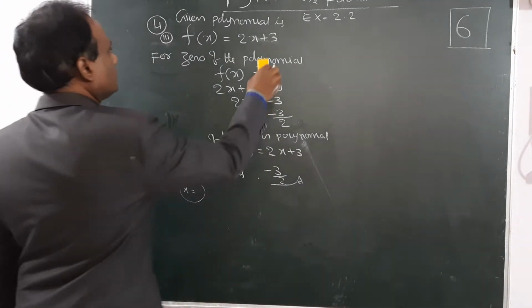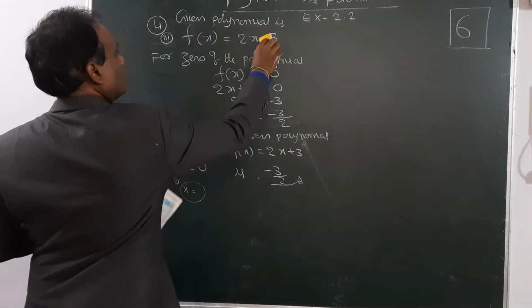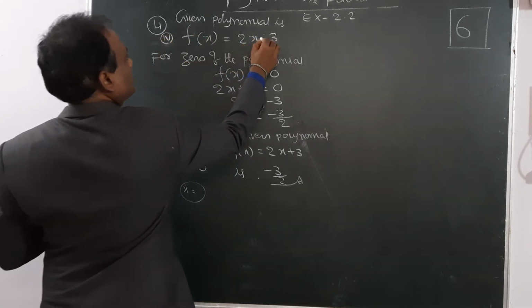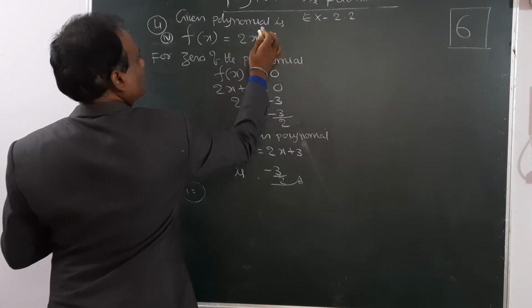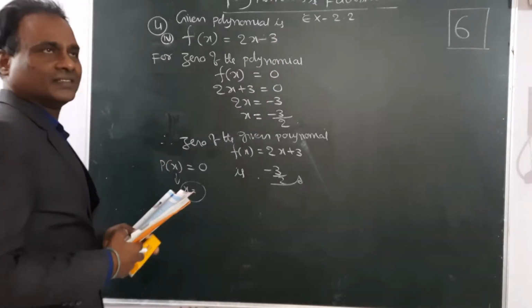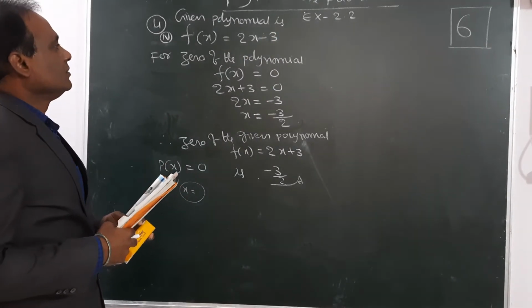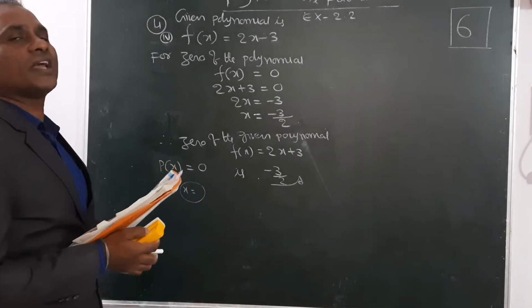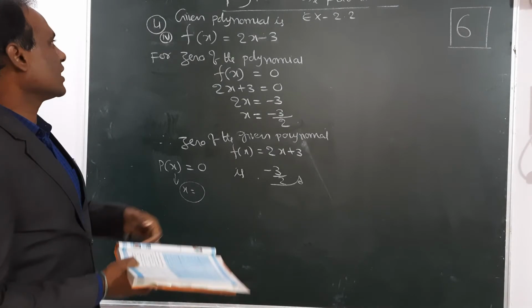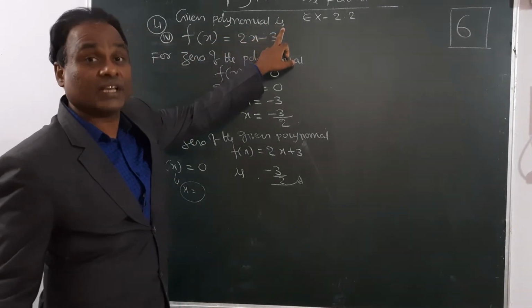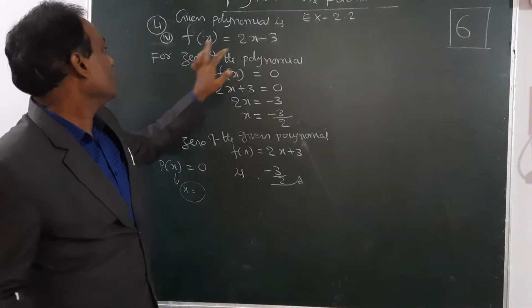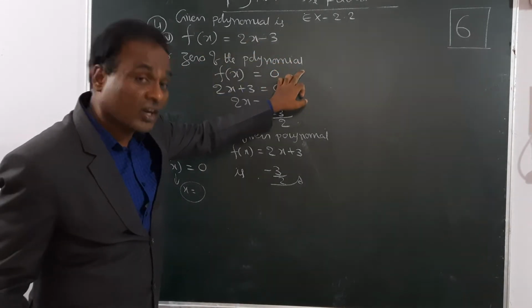Same model. Fourth bit. Do it. What is the zero of the polynomial 2x minus 3? Given polynomial is f(x) is equal to 2x minus 3. For zero of the polynomial, what do we do?